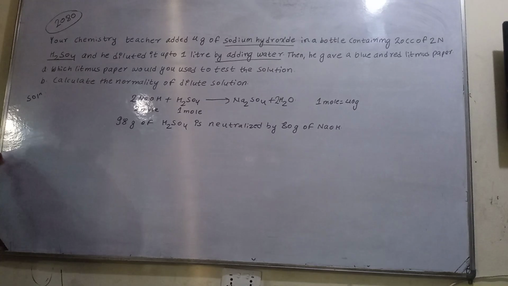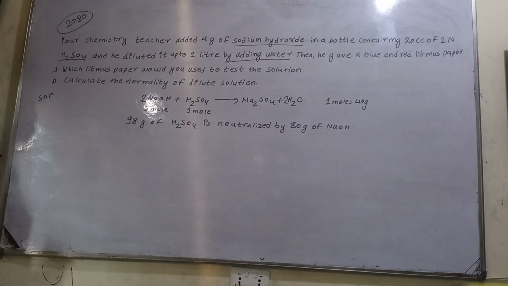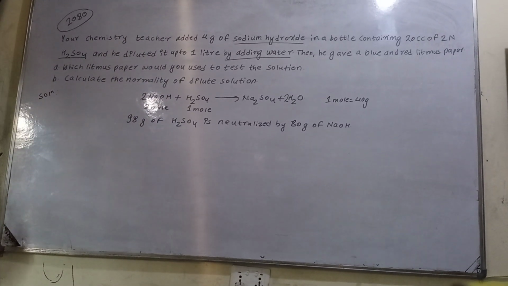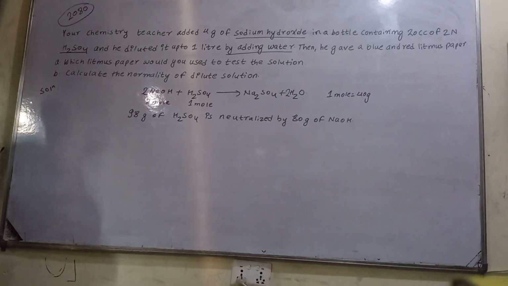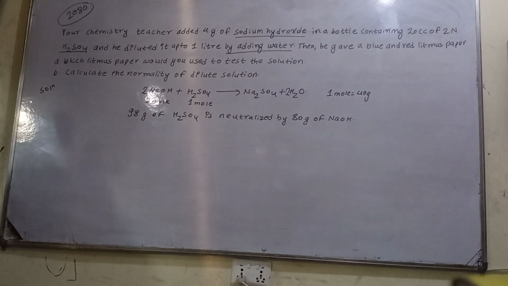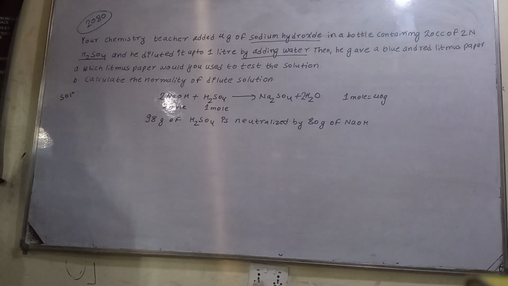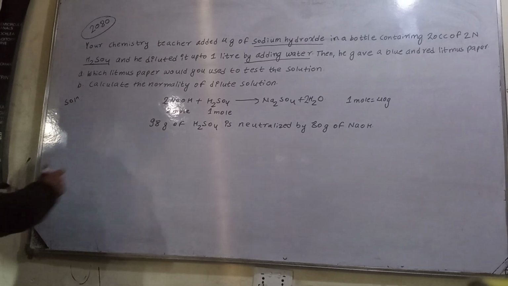Now here we have been given 4 grams of sodium hydroxide, and also there is a clue that it is 20 cc of 2 normal H2SO4. From there we need to calculate.